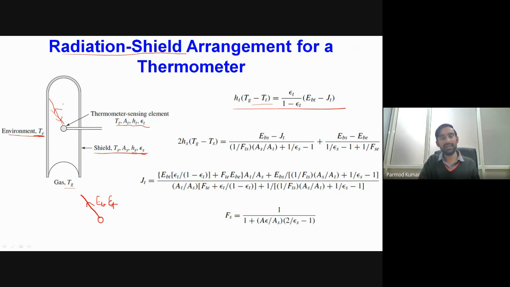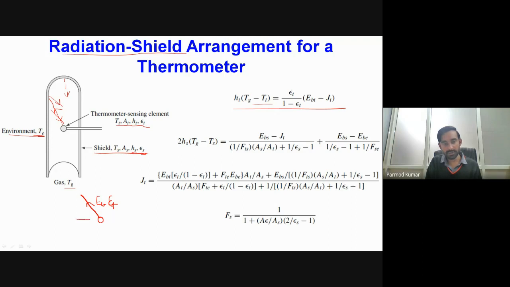Now, the radiation shield surface, whatever amount of radiation it receives, will send back some of it. And at the same time, because the surface of the shield is at a temperature above absolute zero, this surface will also emit some radiation. So Eb is the radiation going out of the thermocouple surface.